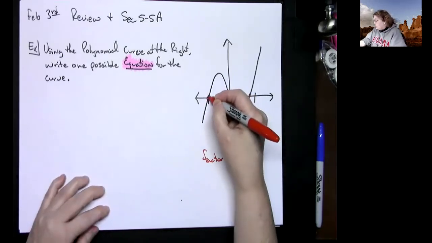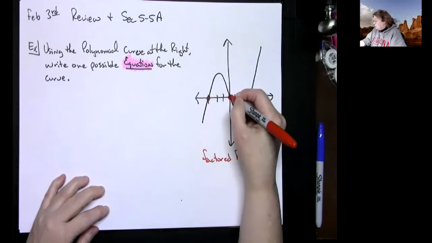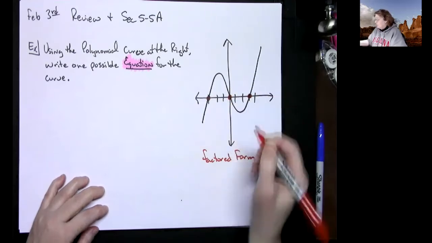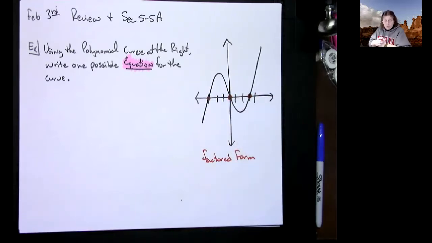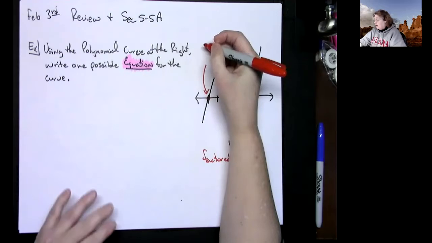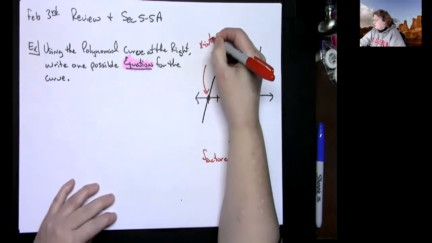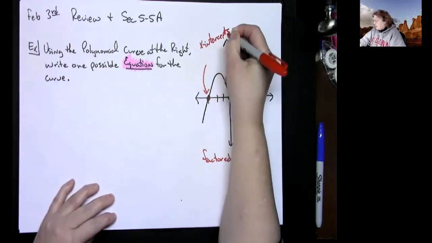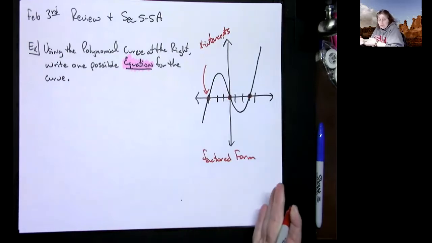The zeros or the solutions of the polynomial curve are located where the x-intercepts are. So that tells you a lot of different things. It tells you the x-intercepts. If I asked what the x-intercepts are, you would still look at that point on the graph.